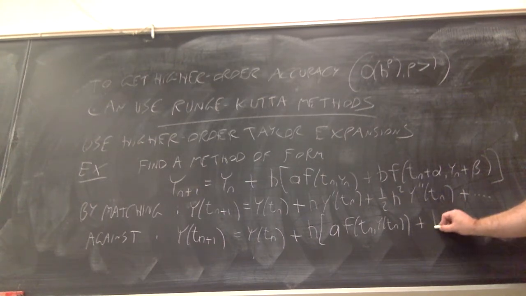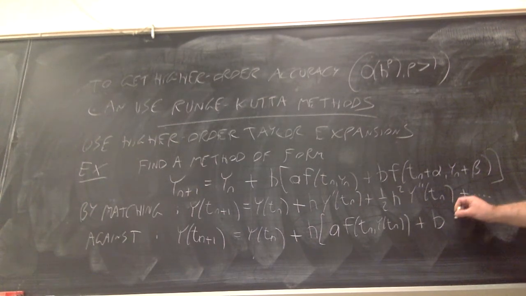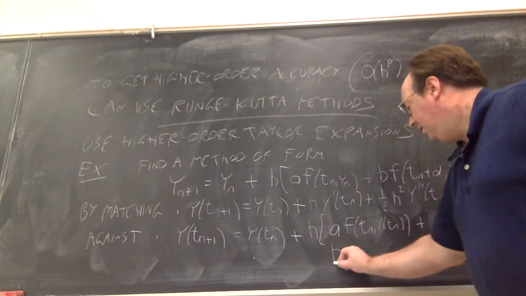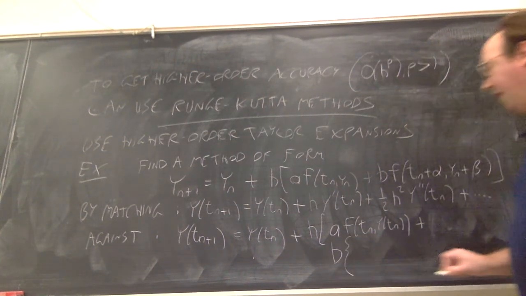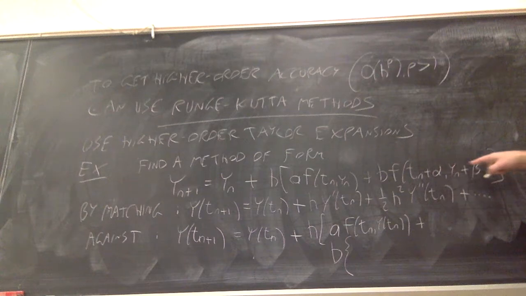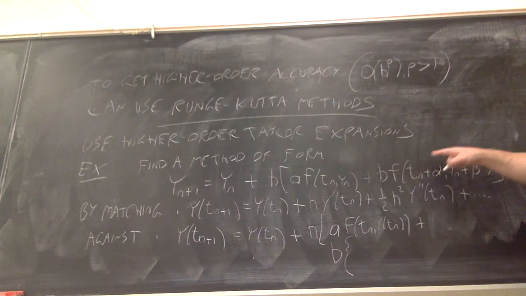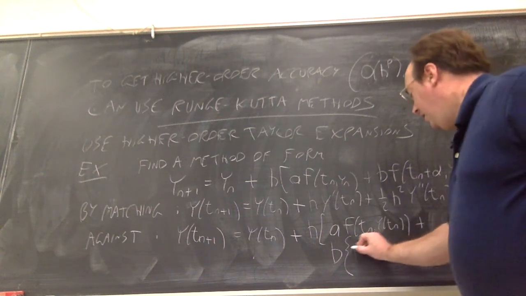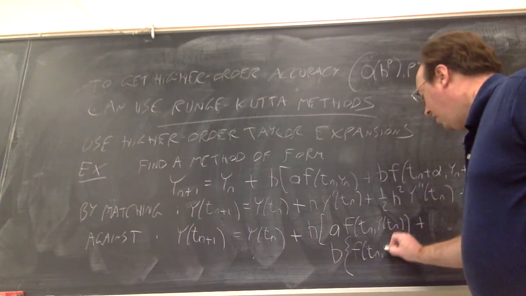Plus B f of, okay, this is where things are going to get messy. I need to write it on another line. Okay, so what I'm going to do is expand this around tn and y of tn. So the first term will be just that, f of tn, y of tn.